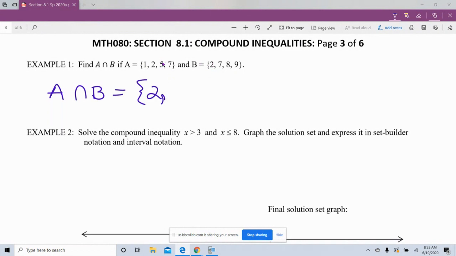So there's a 5 in set A, but there's no 5 in set B. There's a 7 in set A. Oh, and there's a 7 in set B. So that's in both, right? And that kind of finishes off what's in set A. Set B also has an 8 and a 9, but those are not in set A, so they would not be in the intersection either. So the intersection of two sets are just those elements that are in both sets, right?